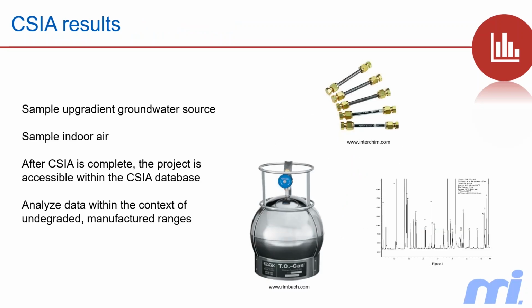So the next thing we would do is turn to CSIA for an added line of evidence. Again, sample upgradient groundwater source, sample the indoor air. Between those two samples, that gives us our two fingerprints to compare to one another. And then we're going to analyze that within the context of undegraded manufacturing range using our new CSIA database.